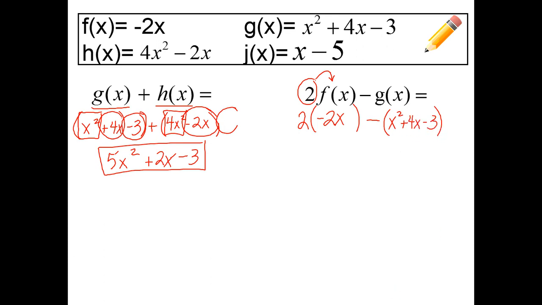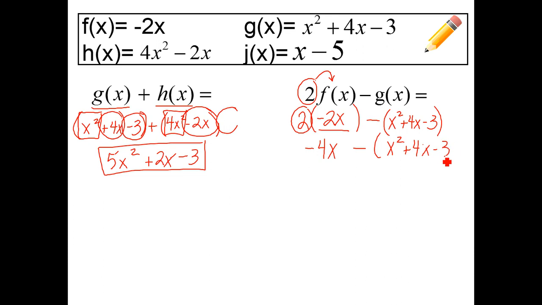So now, remember, I'm putting parentheses around my functions here when I plug them in. That's because it'll help remind me when I need to distribute later on. Notice that I have a 2 that needs to be multiplied by a negative 2x. That's not negative 2 plus x, but just negative 2x. So if I do that, I get negative 4x. And then I need to subtract this whole function from that.